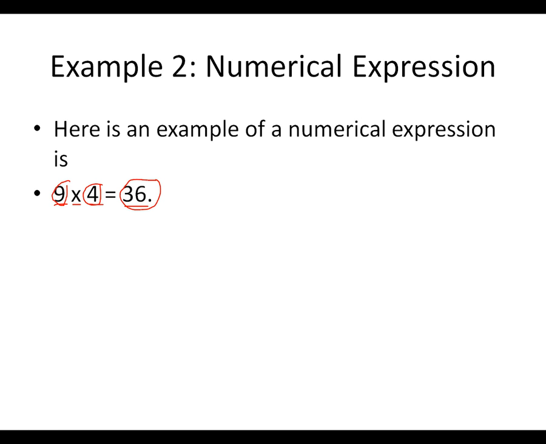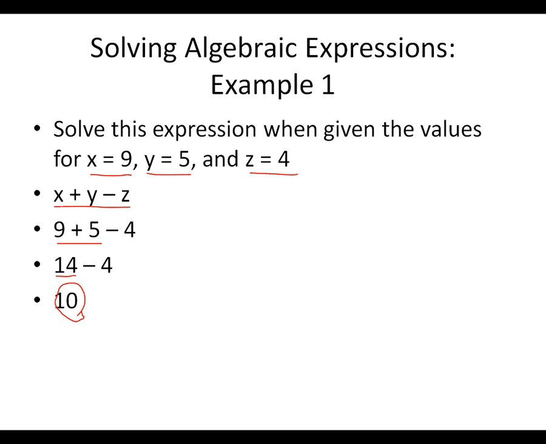Example 2. Solving algebraic expressions. Example 1. Solve this expression when given the values x equals 9, y equals 5, and z equals 4. Now we're going to add values to these variables in the algebraic expressions. Instead of just classifying this expression, we are going to evaluate it, or solve it.